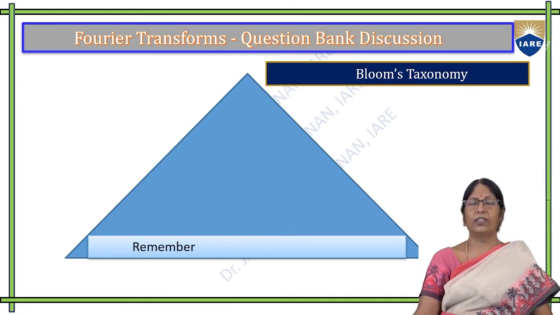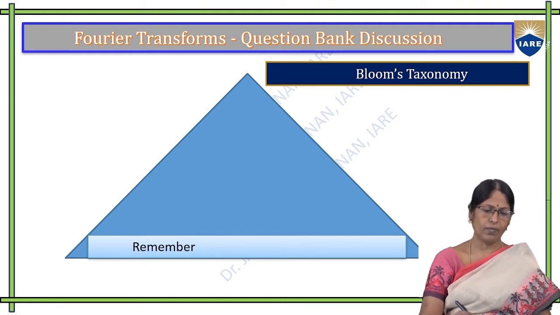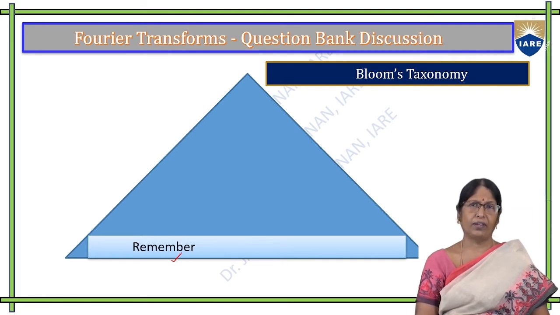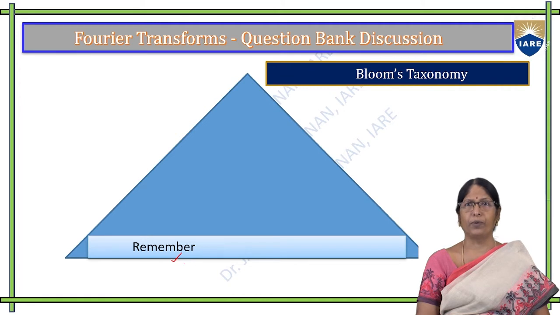The questions asked in the question bank follow this first level, that is, just recollecting and recalling what we learnt. If there are any formulas, whatever we remember, we write. Mostly such questions fall under the remember level.